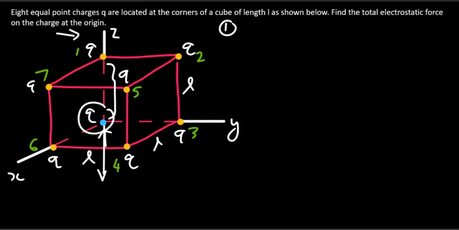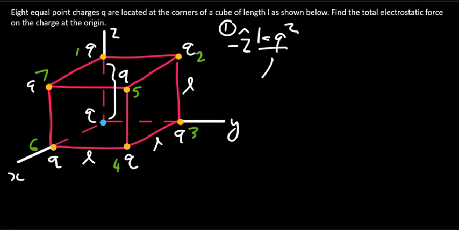So this charge will be pushed downward because it will be repelled by charge number 1, in the direction of the negative z-axis. So we can take the unit vector as minus z hat. The magnitude of it is k q squared over L squared from Coulomb's law.